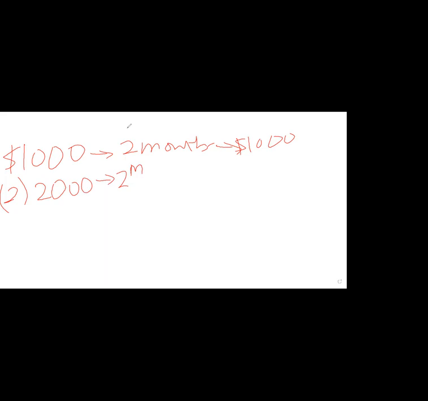Then in 2 months, what's going to happen? Now you're going to earn $2,000 in profit. What are we going to do again? We are going to withdraw our profit and put it in our capital. On the third cycle of these 2 months, you had $4,000.